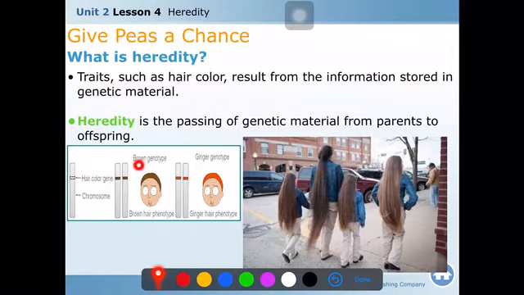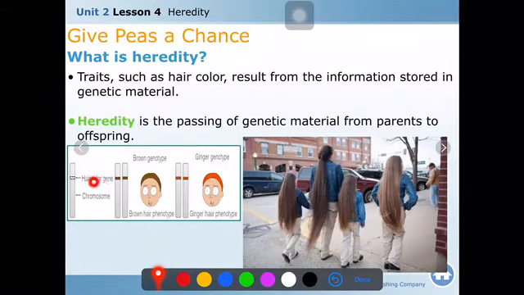For example, here that guy has brown hair. Its trait is brown hair. This guy has ginger hair. It is again called a trait. They have different traits on the same gene.